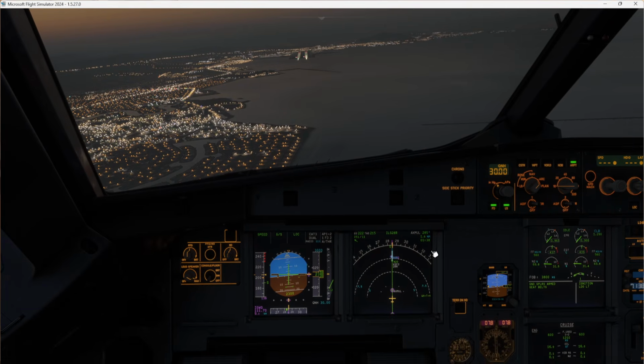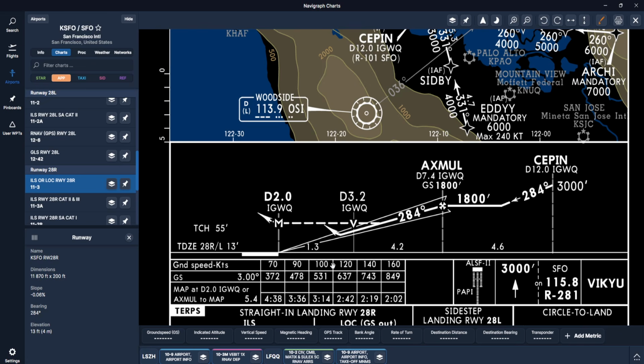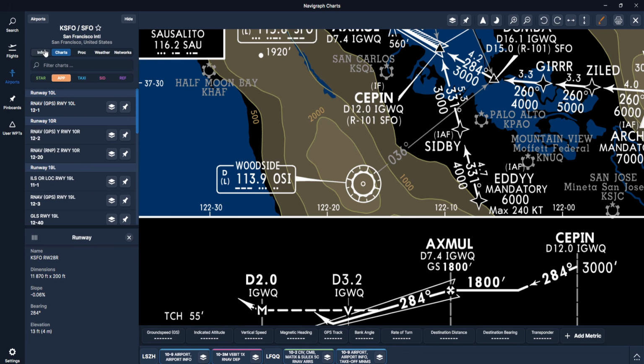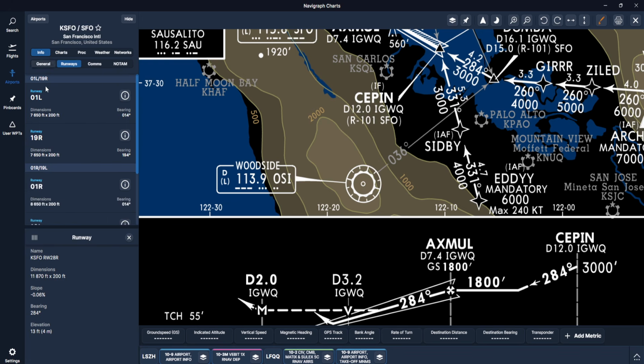The second point, you should also check your runway. In this case we have runway 28, so let's go to the runway here. Let's take runway 28 right, and we double check the slope. So yeah, we have it here.